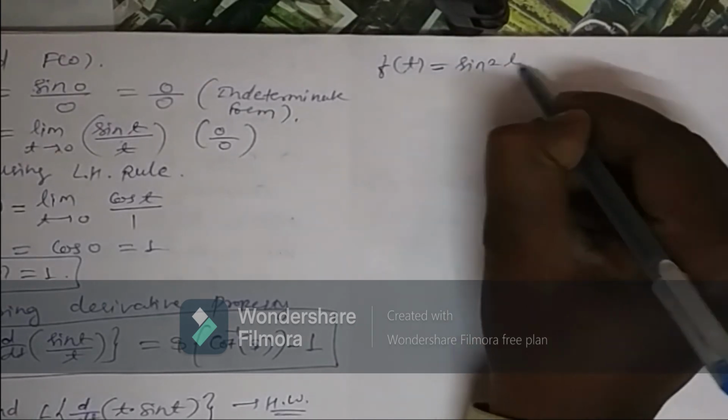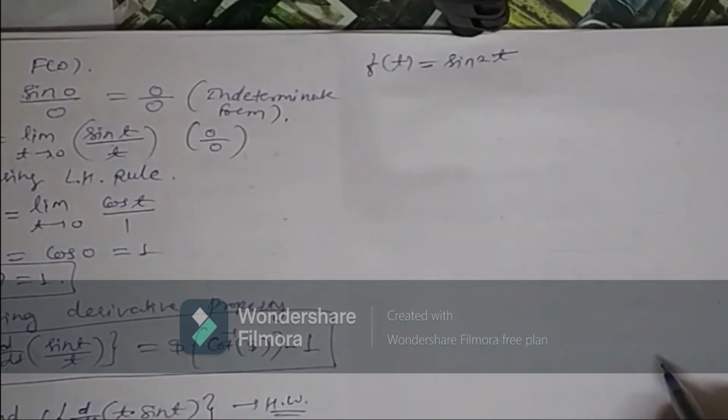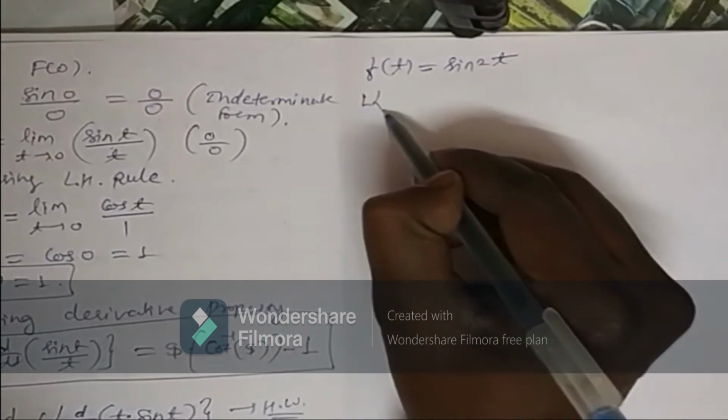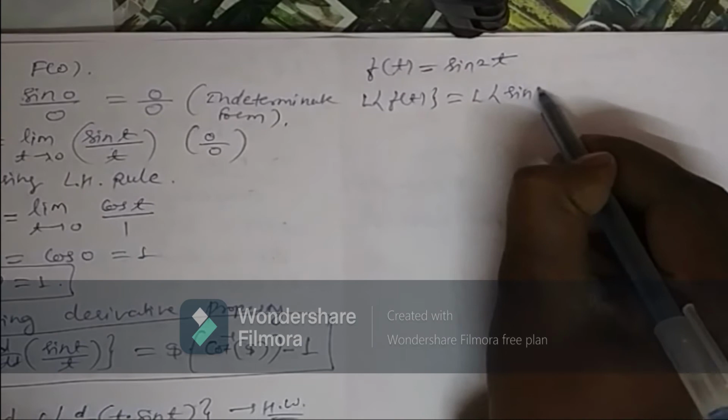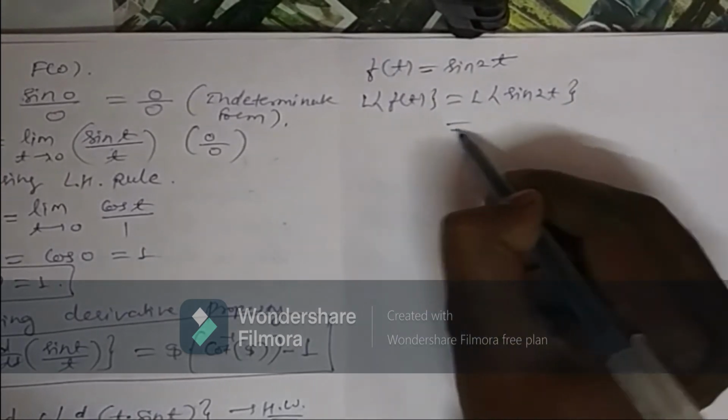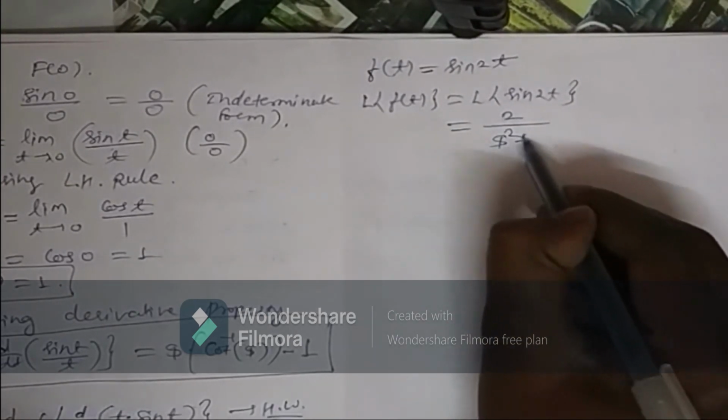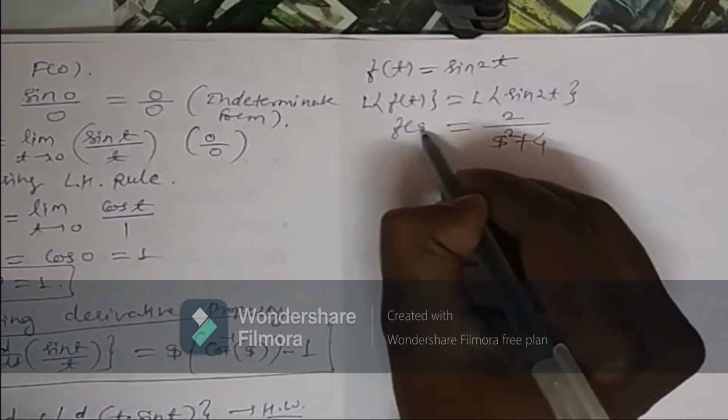So first of all, let us find the Laplace transform of sin 2t. The Laplace transform of f of t is equal to Laplace transform of sin of 2t, that is equal to 2 upon s square plus 4. So this is the value of f of s.